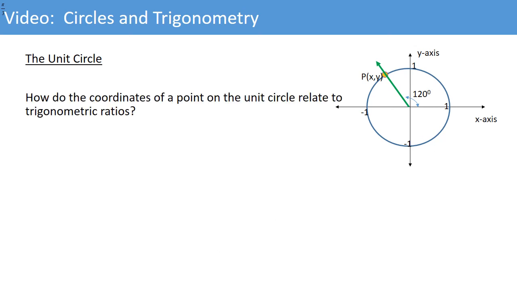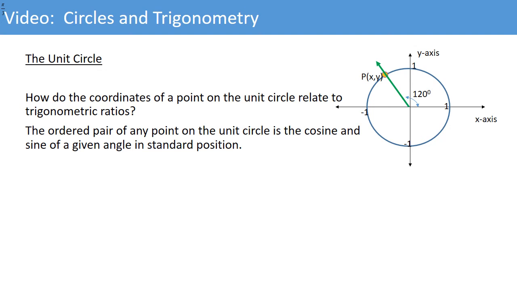How do the coordinates of a point on the unit circle relate to trigonometric ratios? The ordered pair of any point on the unit circle is (cosine, sine) of any given angle in standard position. So cos theta is x over r, which is x over 1, which is x. That's easy to remember.